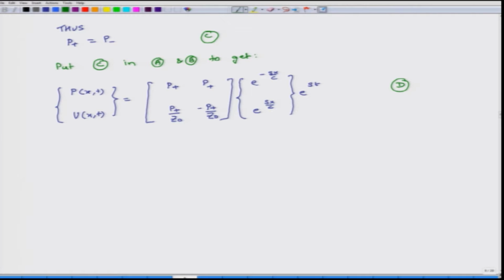But before we do that, we will simplify equation D. So, we expand.